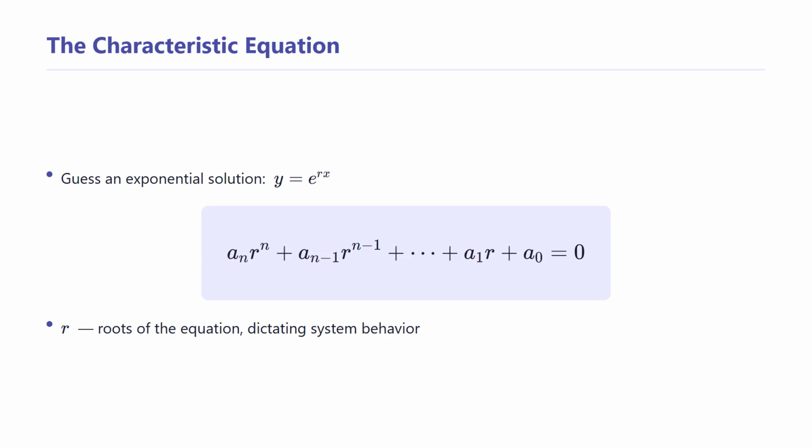This resulting algebraic equation is called the characteristic equation. The symbol r represents the roots we need to find, and its values will dictate exactly how the physical system behaves. If r is positive, the system grows exponentially, and if r is negative, it settles down to rest.